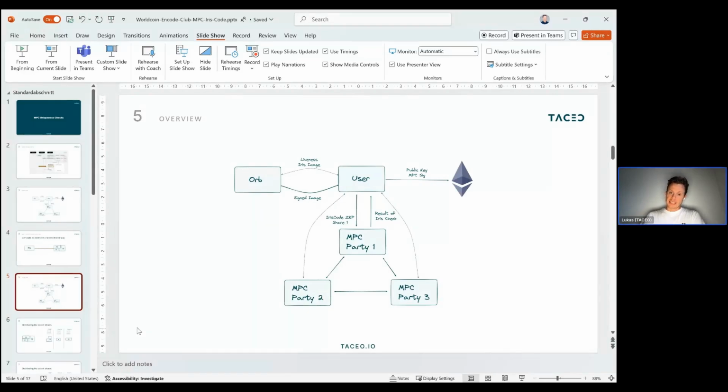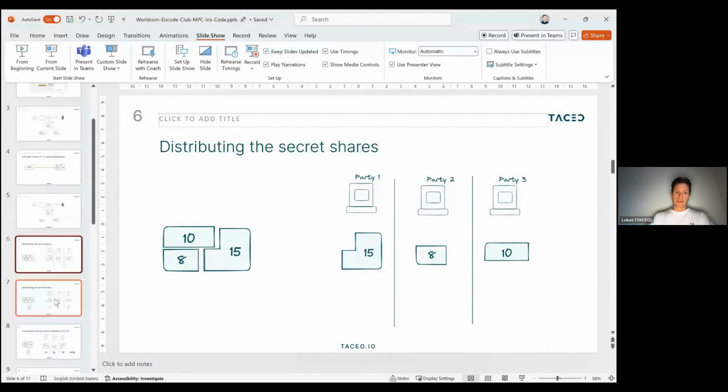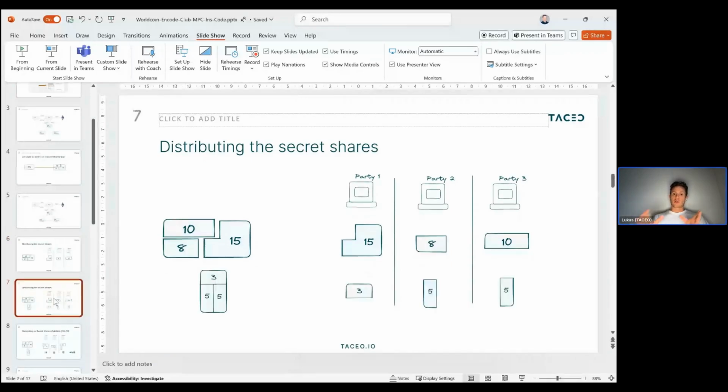Now, exactly as in this image, the secret shares are transmitted to the MPC parties. That's what's called here distributing the secret shares. So each party receives one share. And in the next step, let's do the same with the number 13 down there. Each party also receives a share of this number.